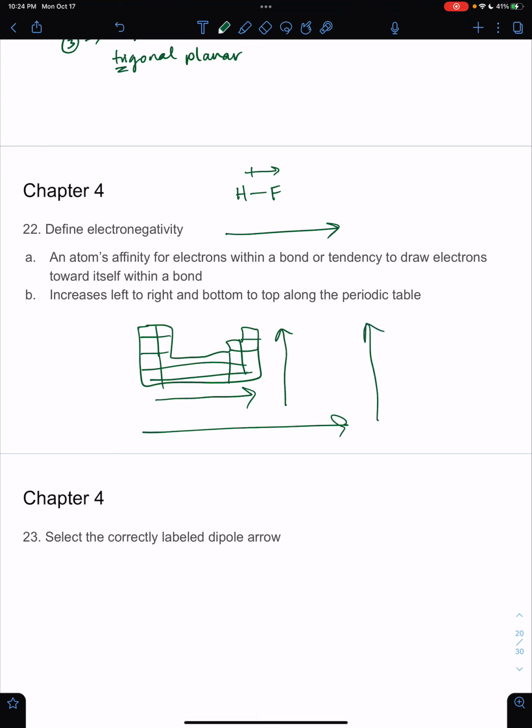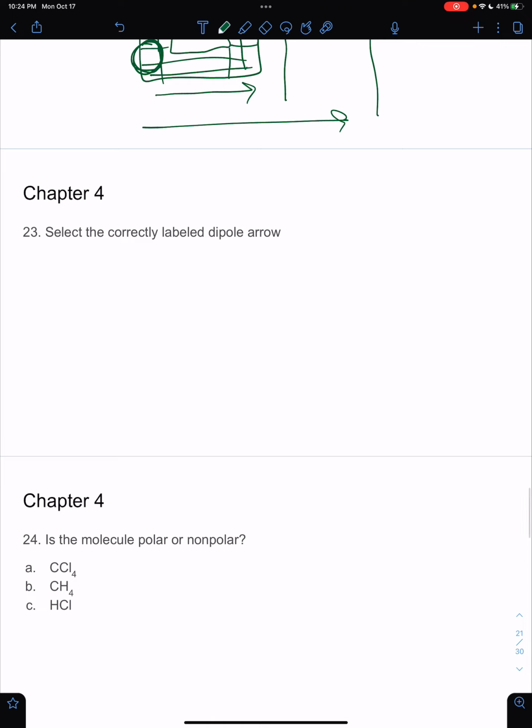So if you had something down here versus up here, this one would be more electronegative. Okay. So this question, she's going to give you a couple different options for the correct dipole illustration. So let me just draw some of those out.